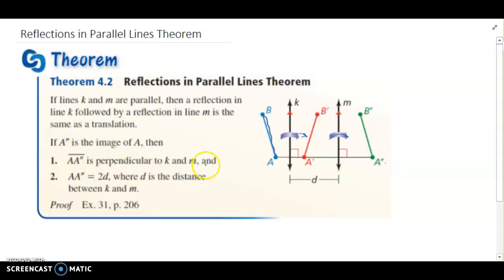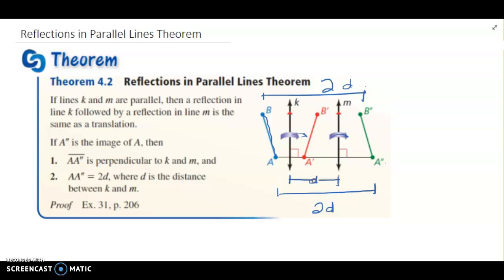And when we do this, it tells us that this is simply a translation from AB to A double prime, B double prime. In that translation, if the distance between the two lines is D, that means the distance between A and A double prime is 2D, and the distance between B and B double prime is also 2D. Okay, so that's very important to note.